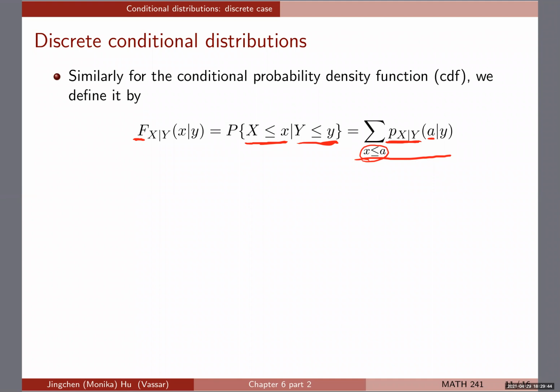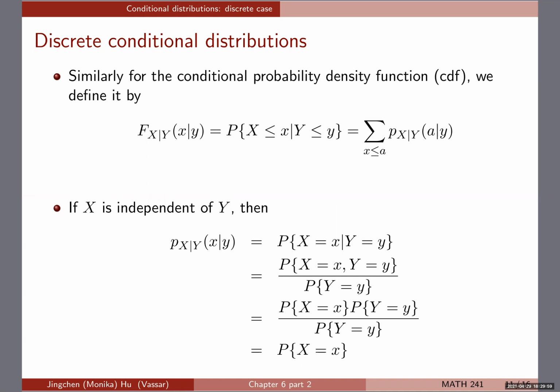Lastly, it's important to note, and this is the newest material for what we talked about so far, that if X is independent of Y, something not surprising is going to happen.